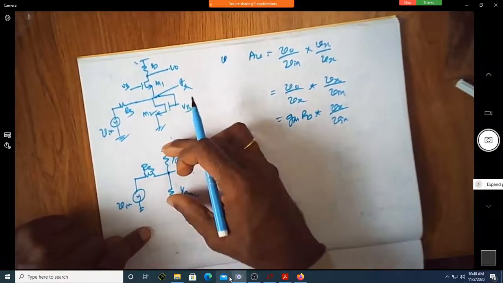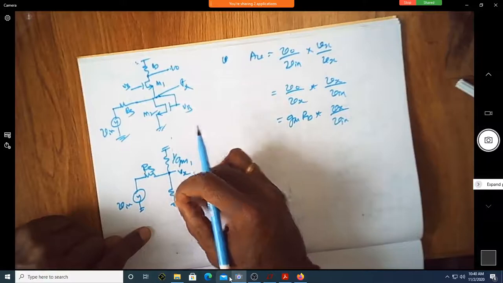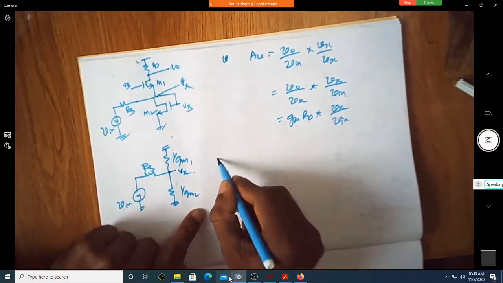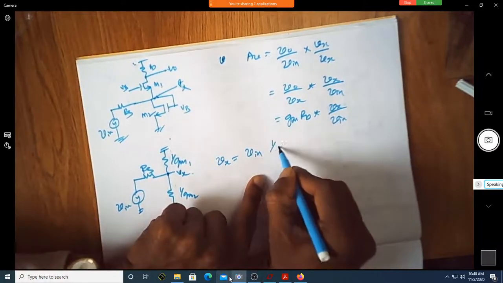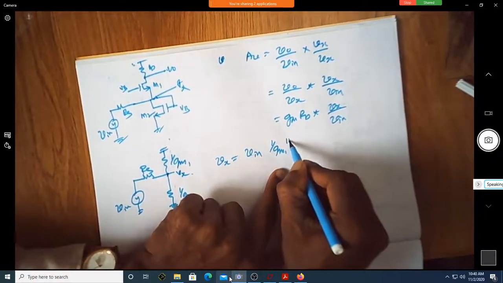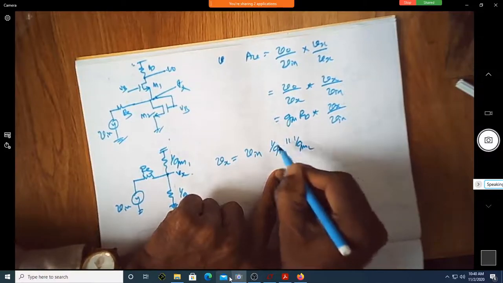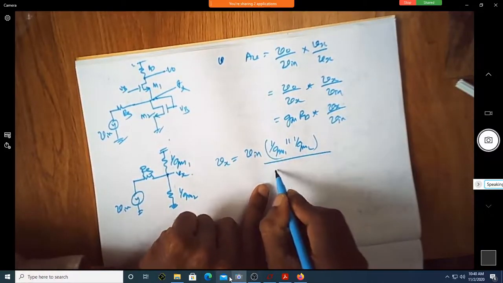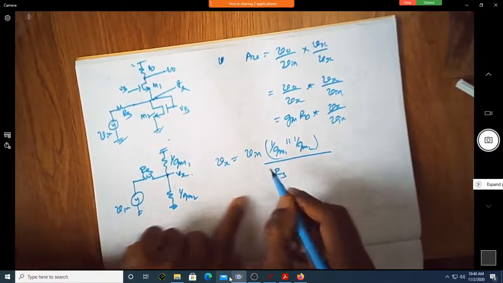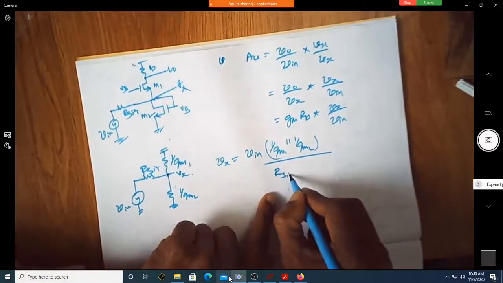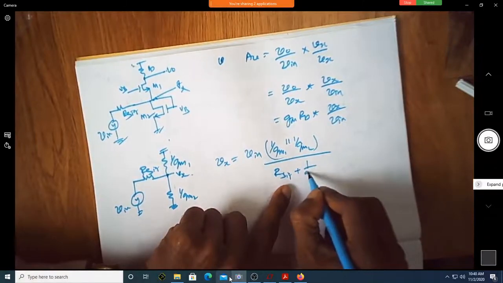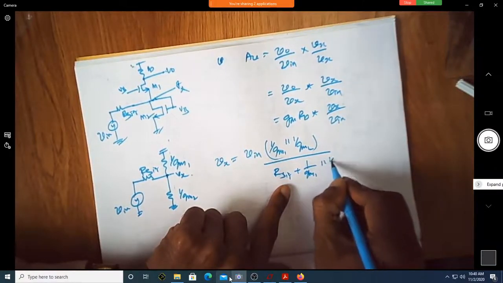Do these two come in parallel? So shall I write Vx as equal to Vin into 1 over gm1 in parallel with 1 over gm2, divided by R signal plus 1 over gm1 parallel 1 over gm2.